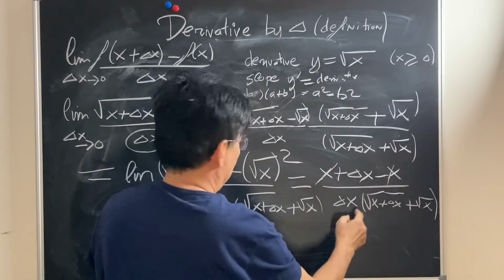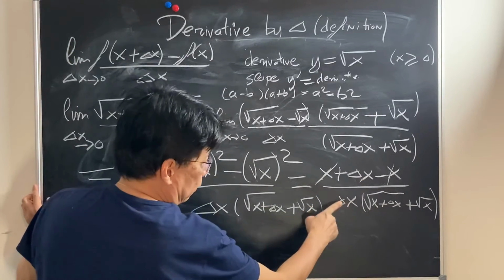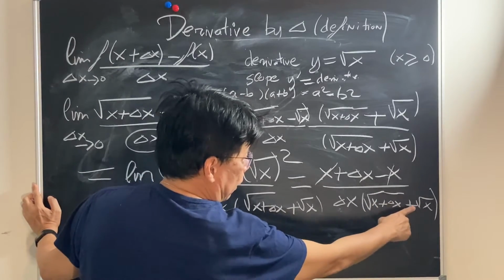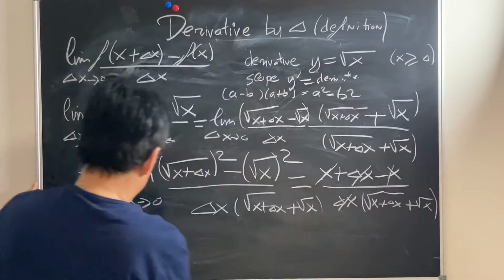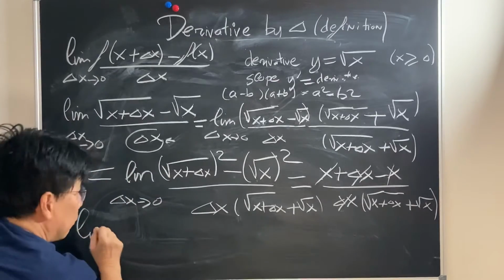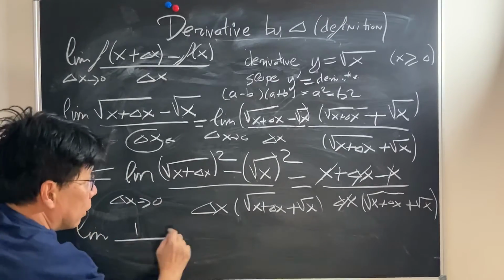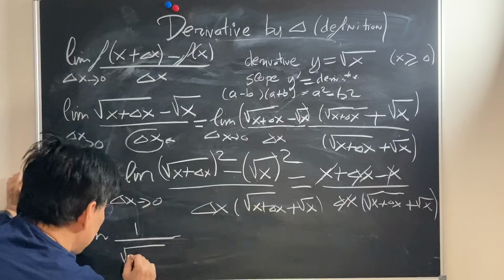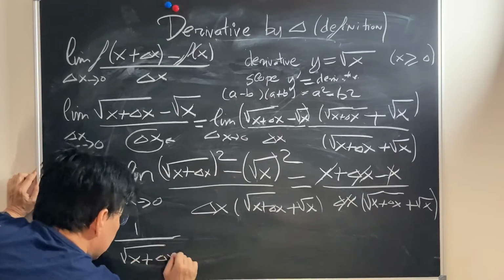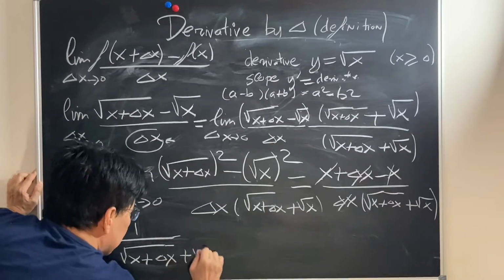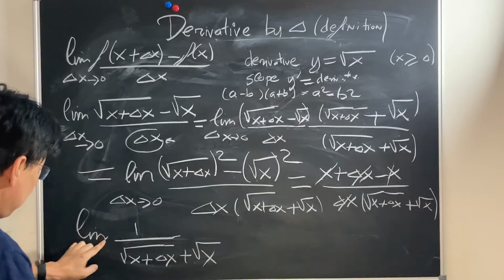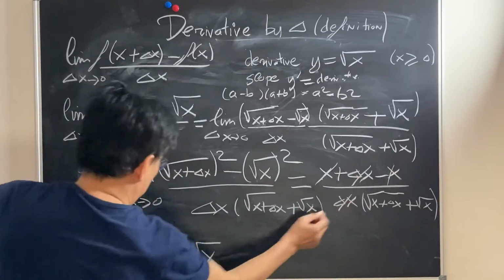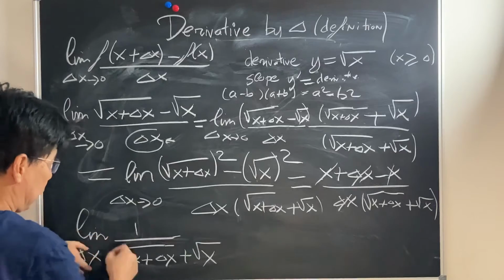Okay, x minus x cancels. You have delta x on the top. So delta x over delta x times square root of x plus delta x plus square root of x, the delta x cancels. So we have the limit of 1 over square root of x plus delta x plus square root of x. The delta x in the denominator has already cancelled with the delta x on top.